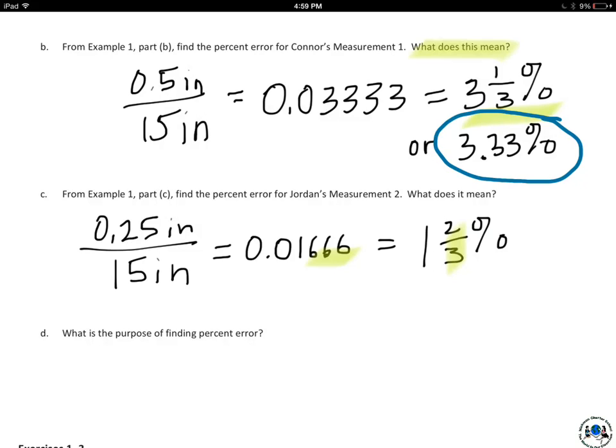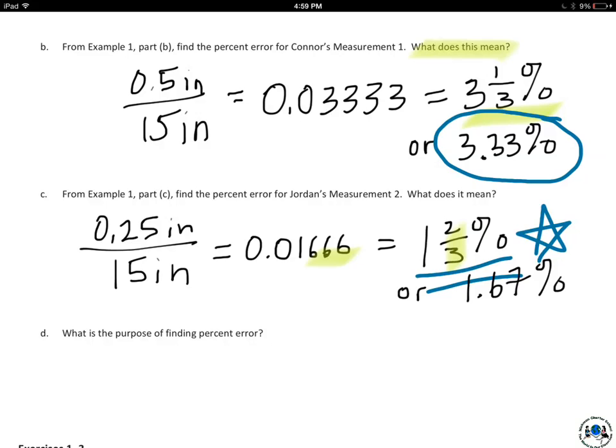Therefore, unlike what we're used to usually, the bigger the better, truly, Jordan has clearly made the better measurement here, because he is only 1 2/3% off of the exact measurement, as opposed to Connor. So he's closer in that sense. All right.